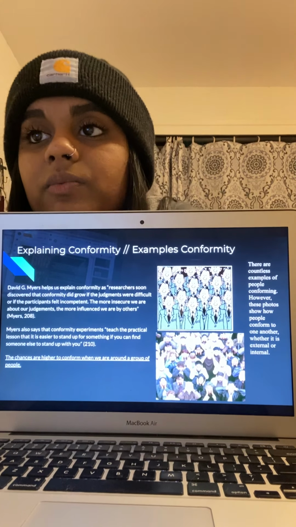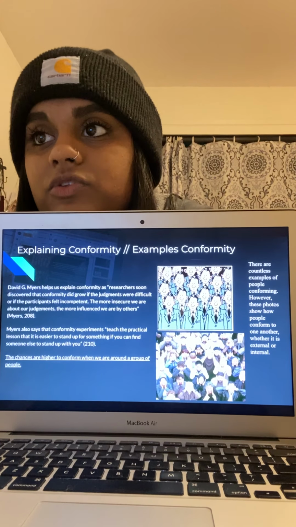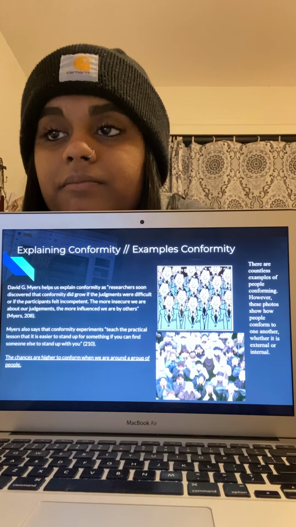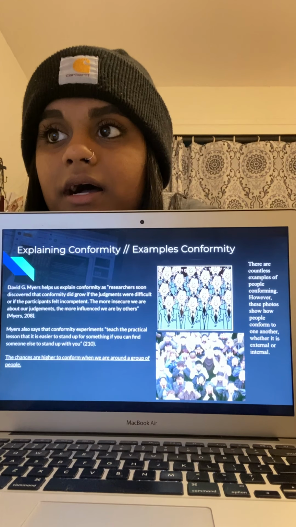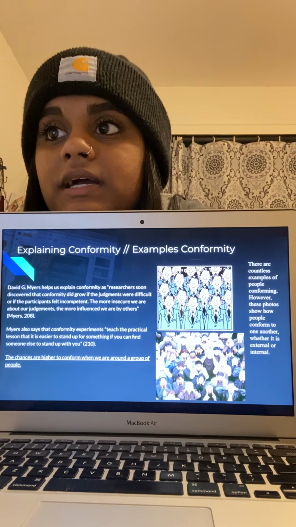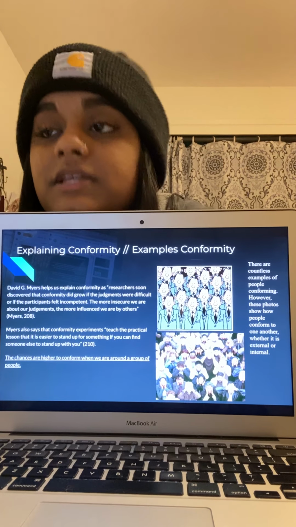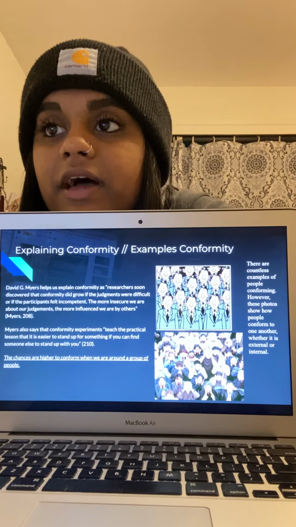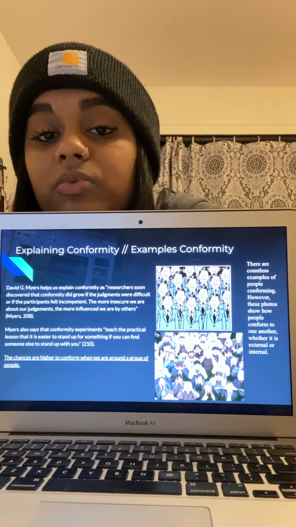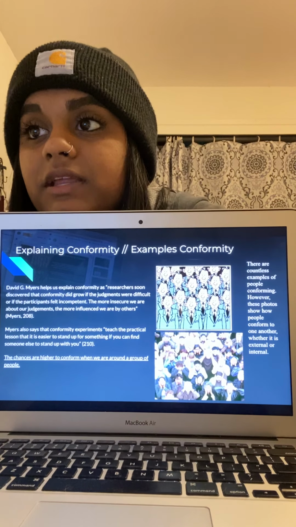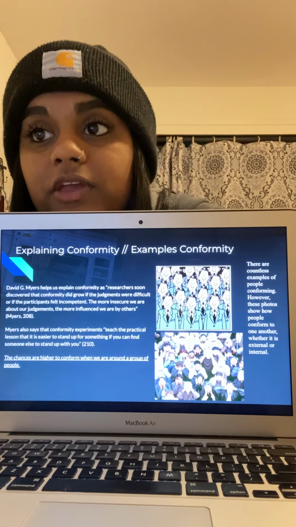The more insecure we are about our judgments, the more influenced we are by others. He goes on to say that conformity experiments teach the practical lesson that it is easier to stand up for something if you find someone else standing up with you.